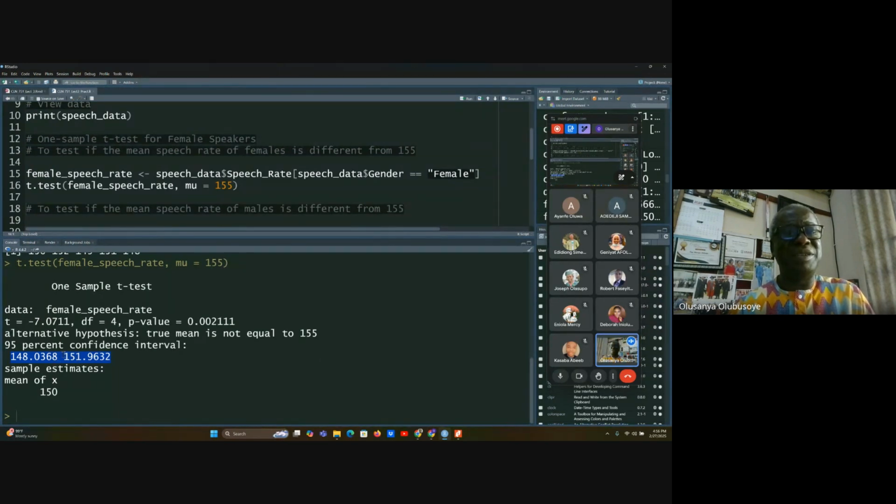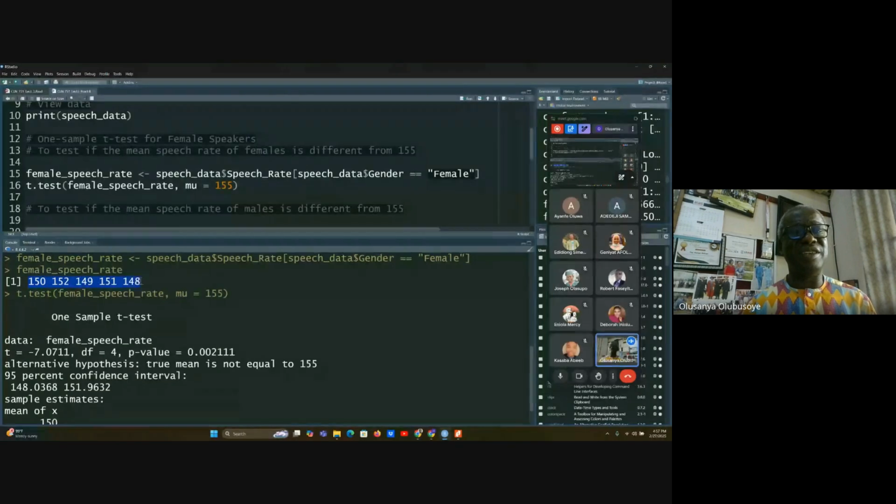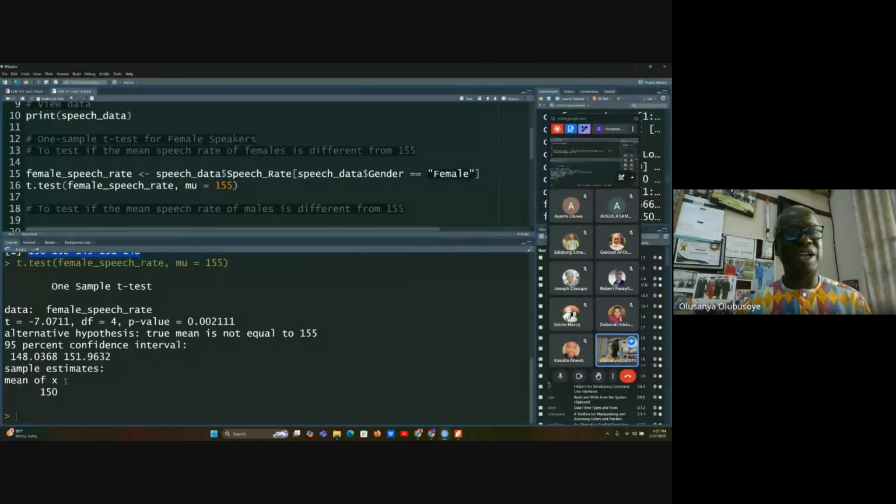Of course, your hypothesized value is not even in this range. But your sample mean is in this range. This is the mean of the female speech rates that you have, and that value is here.